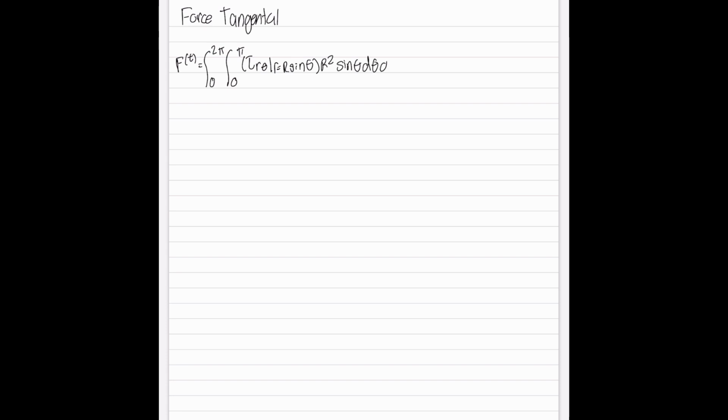And we calculated the shear distribution early in the video, but here it is again. And that is the tau r theta at little r equals big R is equal to 3 over 2 mu v infinity over big R times sine of theta.